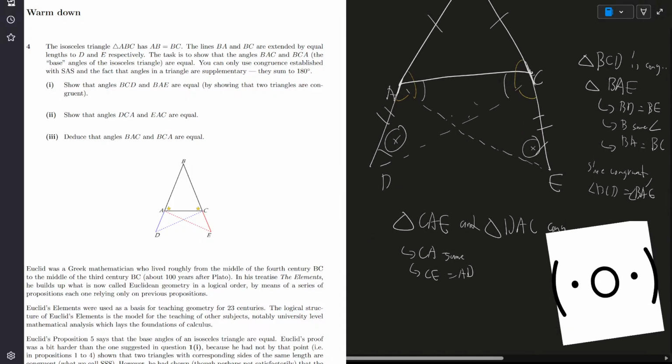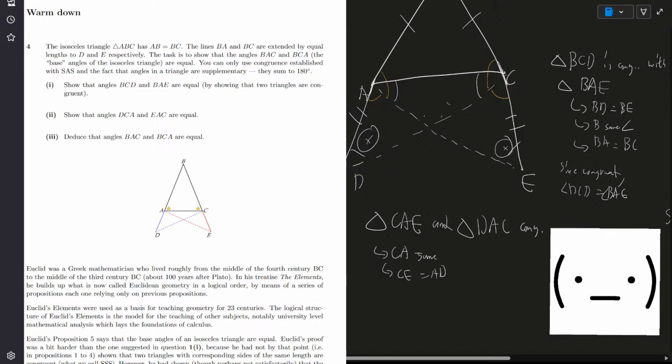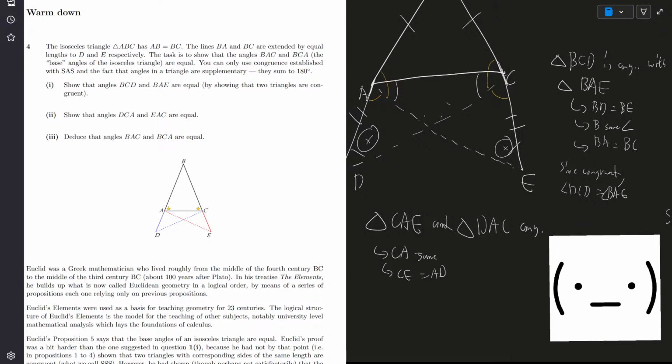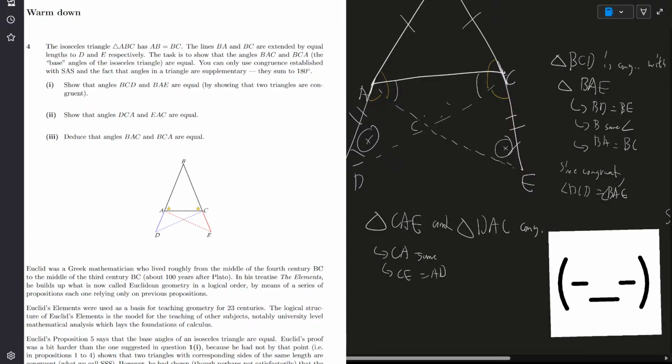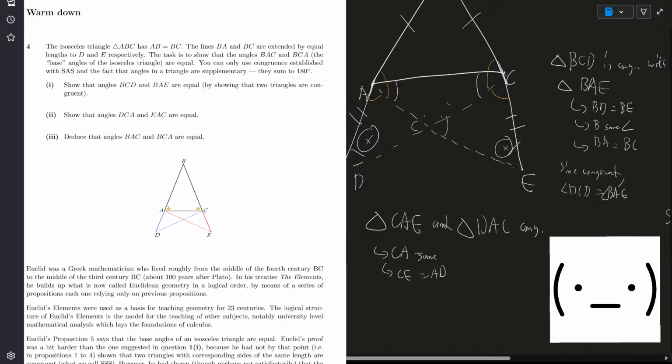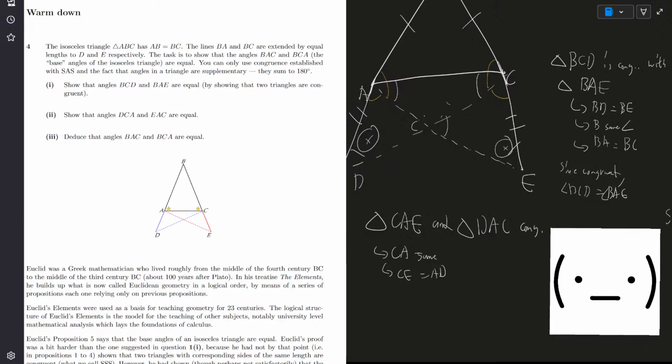Vertically opposite angles. Does that matter? I have no idea.